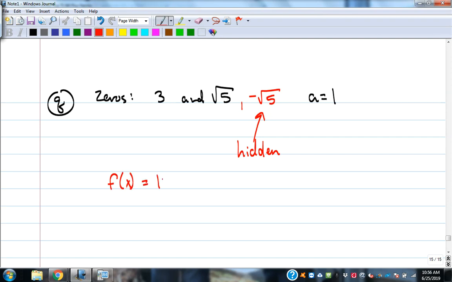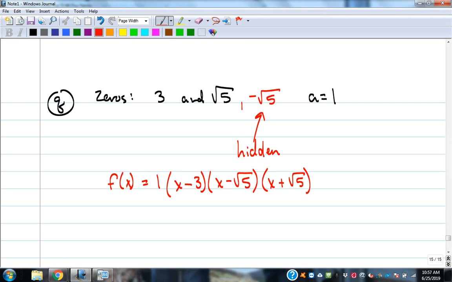They tell us A is 1, so we don't have to do any work to solve it. So we just got to set up x minus 3, x minus the square root of 5, and then x plus the square root of 5. We're setting it up the same way with the factors. Nothing is changing there as far as that goes. Just the same old stuff.